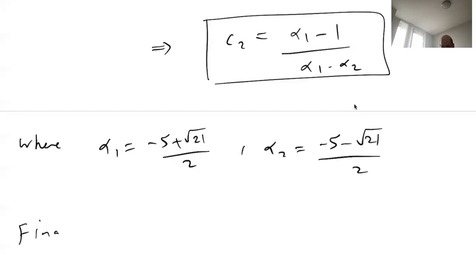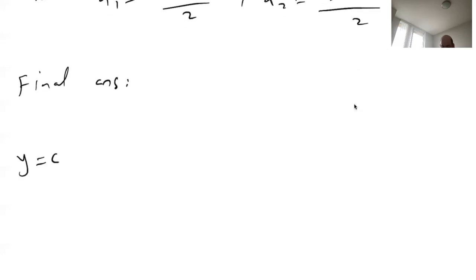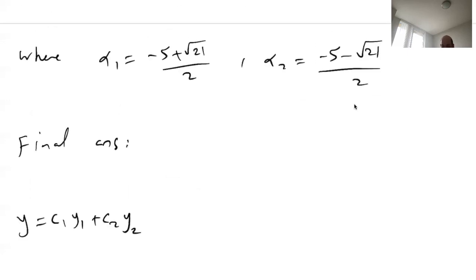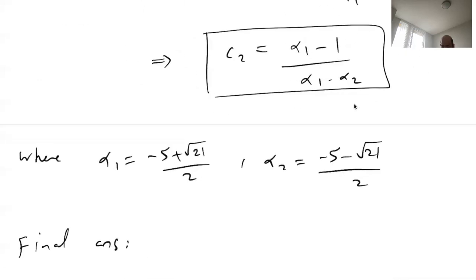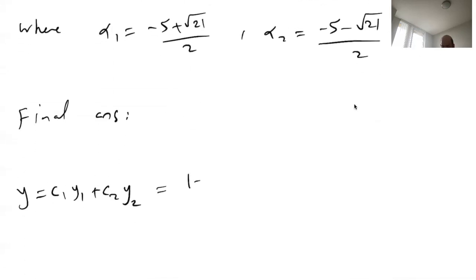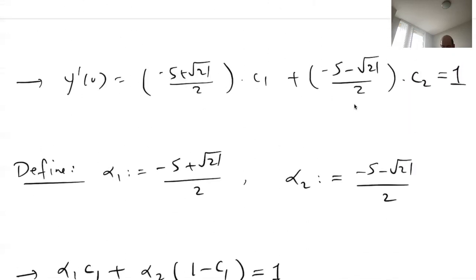And then the final answer will be y equals c1 y1 plus c2 y2. We found y1 and y2. We also found c1 and c2. c1 is 1 minus alpha 1 divided by alpha 1 minus alpha 2. y1 is e to power r1 x.